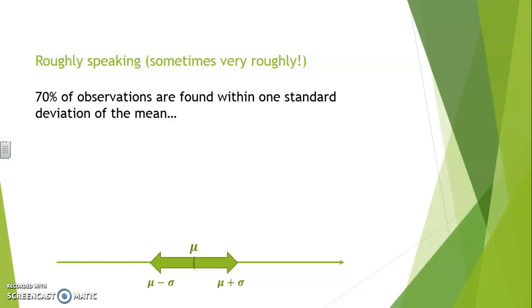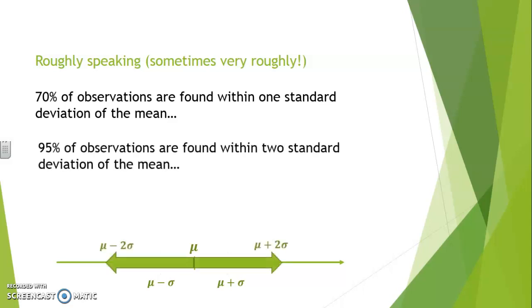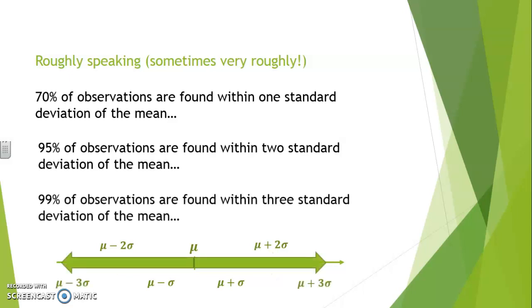So this interval contains roughly 70% of the observations. Two standard deviation displacements left and right includes roughly 90% of the observations. And by the time you've moved three standard deviations, roughly 99% of the data should be located within this interval. So this is a rule of thumb and nothing more.